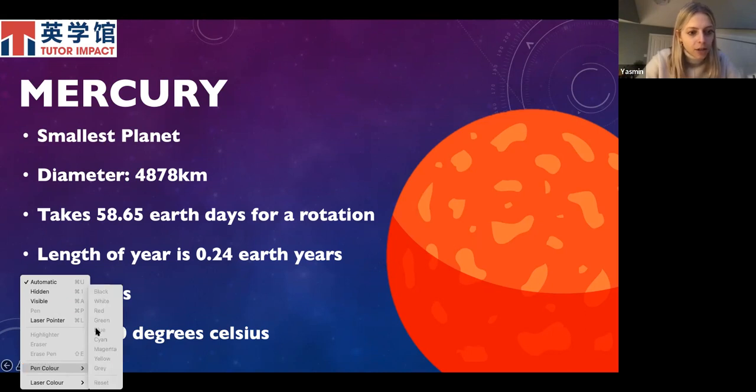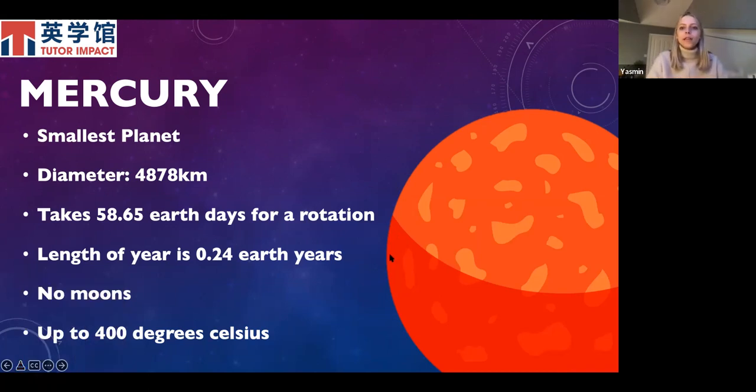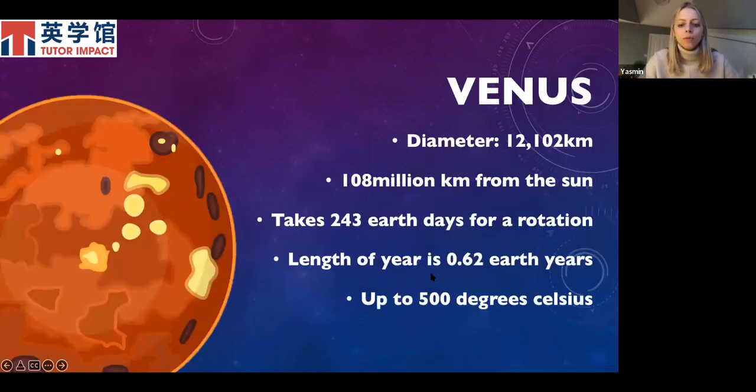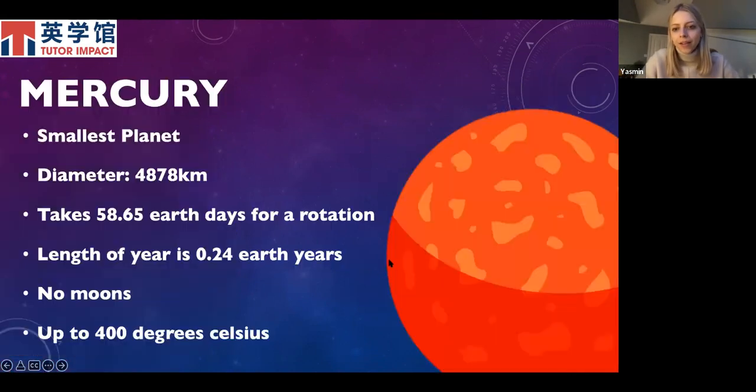So the diameter is the distance between the curves on the planet. So from here to here is the diameter of Mercury, and that is 4,878 kilometers.